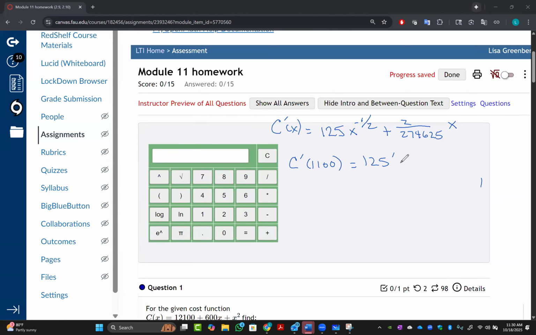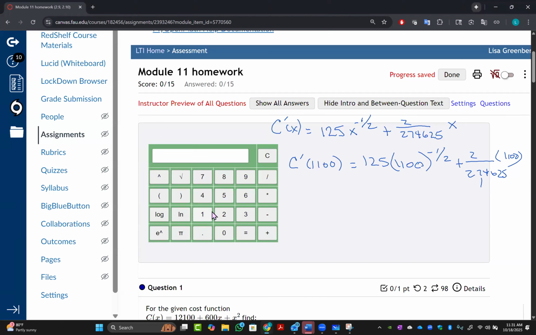Of 1100 is equal to 1100 to the minus 1/2 power plus 2 over 274625 times 1100. That's what I put in the calculator. Good? Okay.